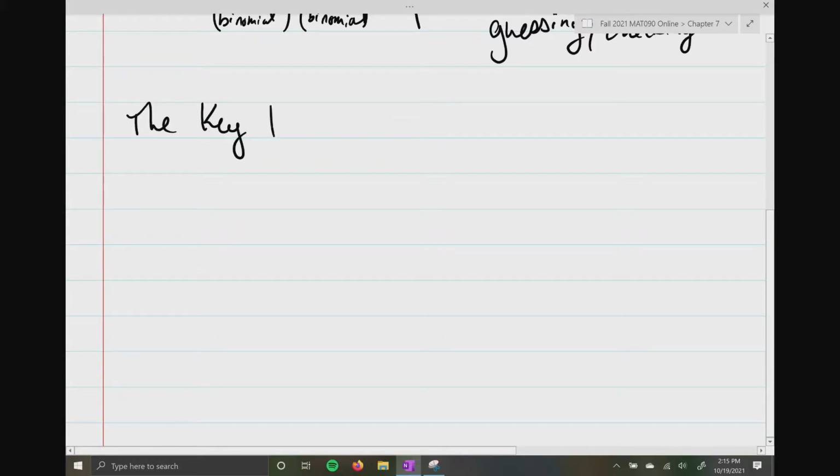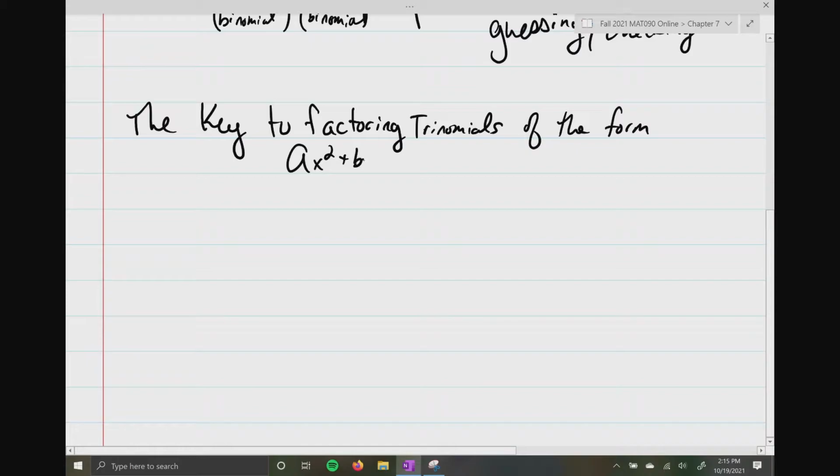The key to factoring polynomials, or better yet, let's get more specific, trinomials of the form ax squared plus bx plus c, is called, and I know it's a really fancy name, the AC method.